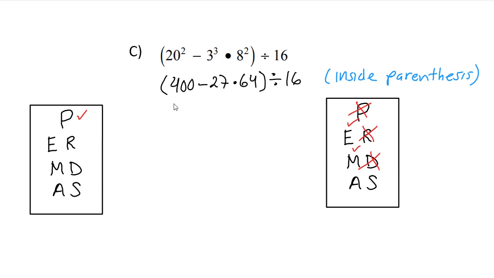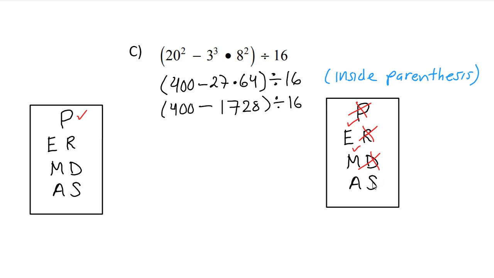So let's just rewrite the 400 minus, now I take a calculator, and 27 times 64 is going to be 1,728. And I need to divide by 16. Next thing would be addition or subtraction inside that parentheses.